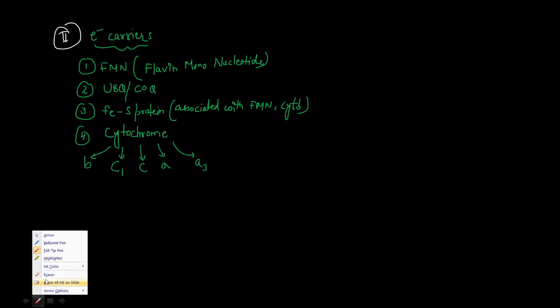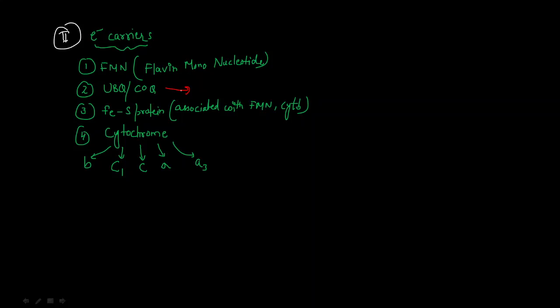Okay. Now, these are the electron carriers present in the electron transport chain, and among these you need to remember that the second electron carrier, ubiquinone, also known as coenzyme Q, is a mobile carrier. So it is not going to make up part of any complex. It is present in between the complexes and it is a mobile carrier.